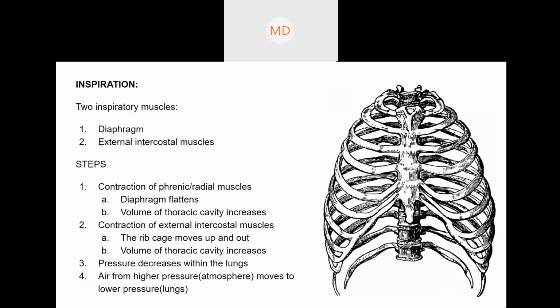When volume increases, pressure decreases. Just remember that volume means the inside space. Since the pressure decreased, outside pressure needs to come inside so that it can be equal on both sides. Outside there is high pressure, inside there is low pressure, so air needs to move from the higher pressure area to the lower pressure area. Therefore we breathe in, in order to make it equal.